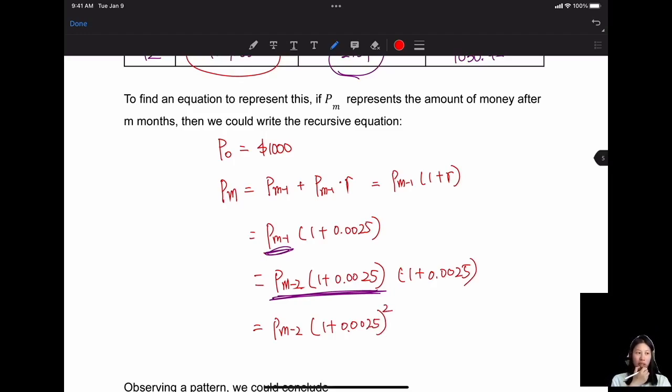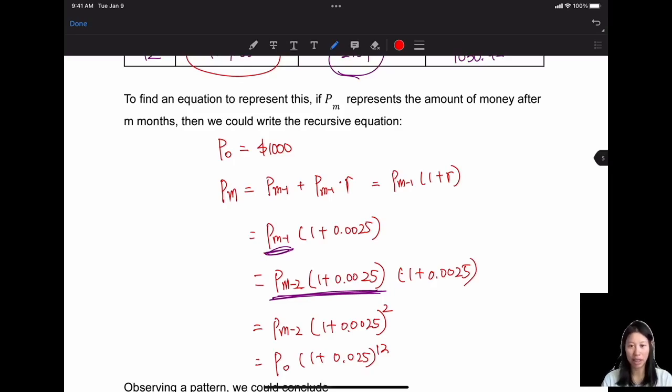We reorganize it. So, more generally, how can we write it starting with P sub 0? In our case, that means how many times we did the calculation. You should get 12 months.